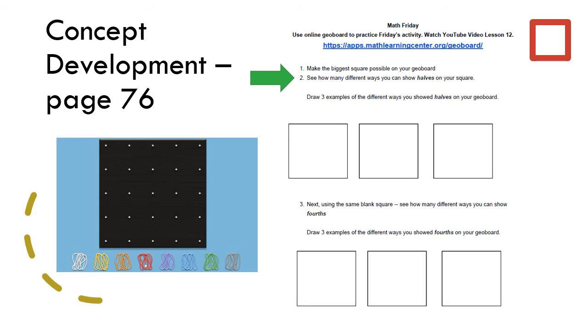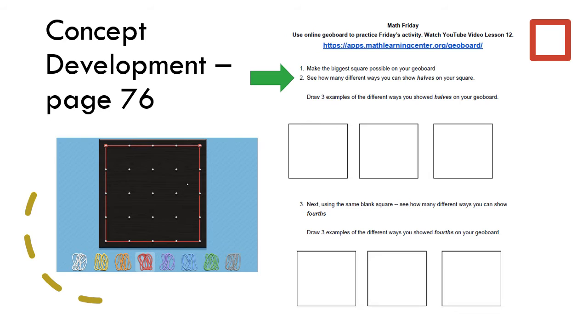You can follow along and watch the different ways that I showed halves on a square. So this is that online geoboard that I would encourage you to try using if you go to that website for mathlearningcenter.org.